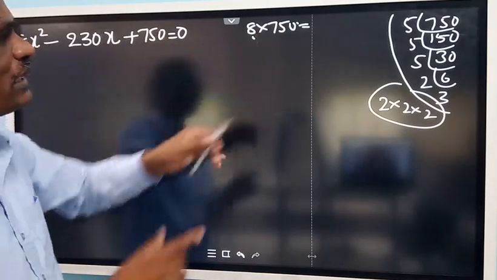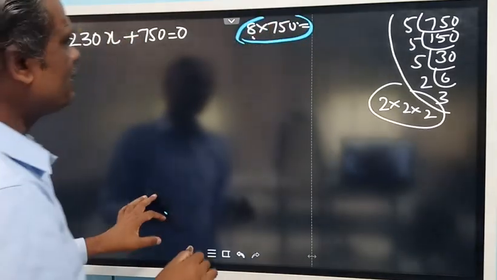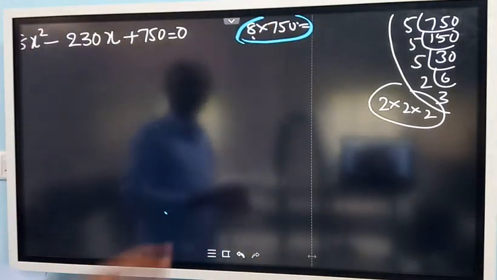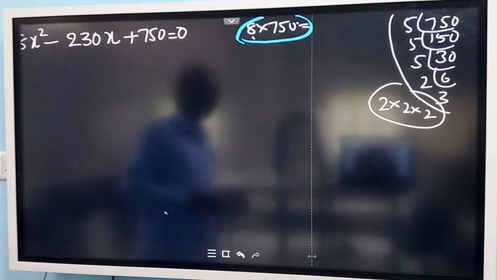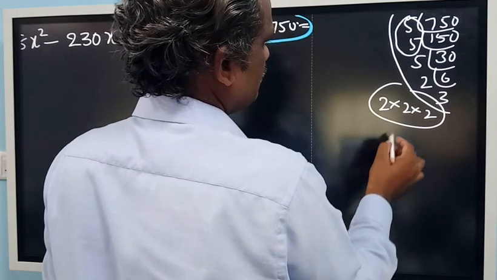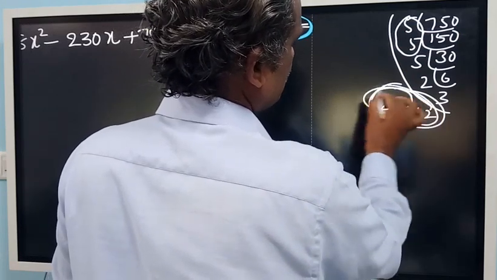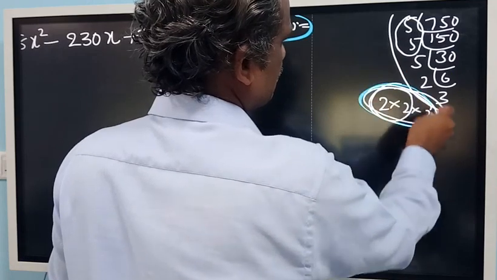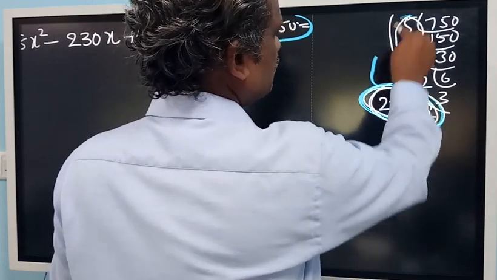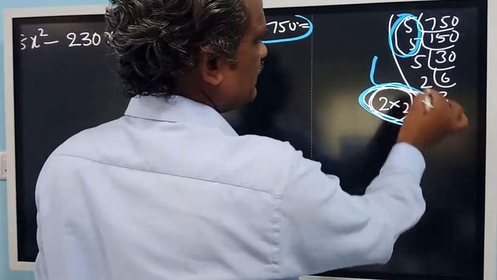Find the combination of these which gives the sum 230 and product 750 into 8. 750 into 8 should be the product when you multiply, and if you add or subtract, you should get 230. I think this 25, 200, 5, 6, 30.